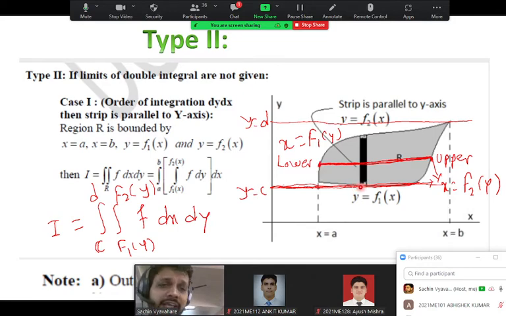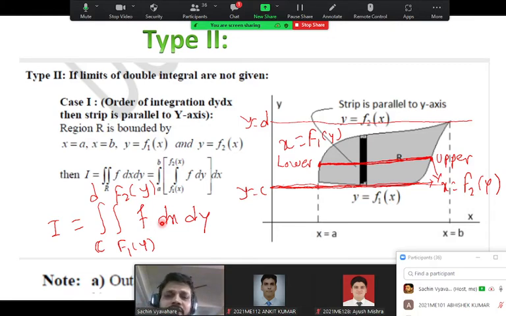Later on, we drag this strip. The strip should have the minimum position at y equal to c, and we should drag it parallel to the x-axis, upward, to cover the entire region. So y equal to c to y equal to d. It covers the entire region. That is about dx dy. Okay, so these are the two cases.